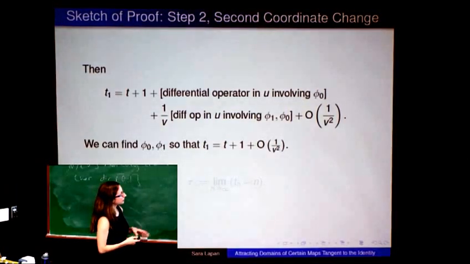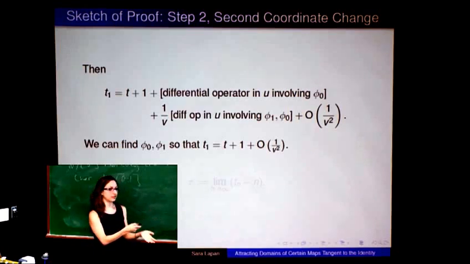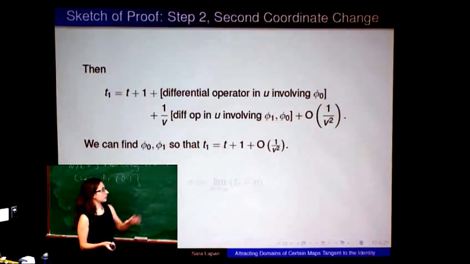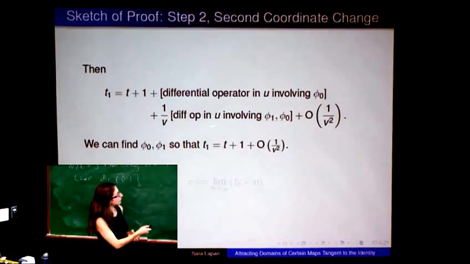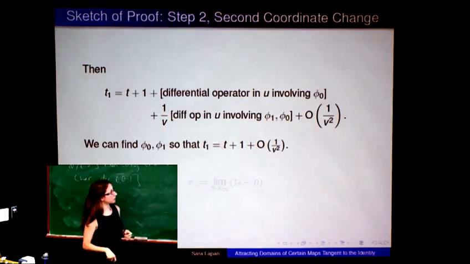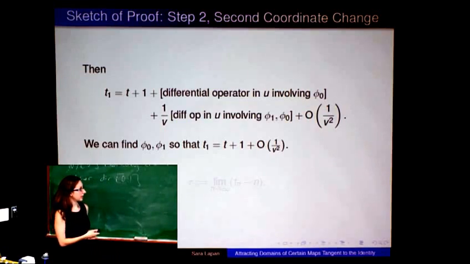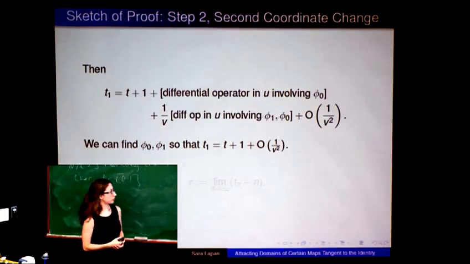So we can find phi naught first and then find phi 1, so that we can get that this term and this term both equal 0. And so then our expression for t1 simplifies to just t plus 1 plus O1 over v squared.